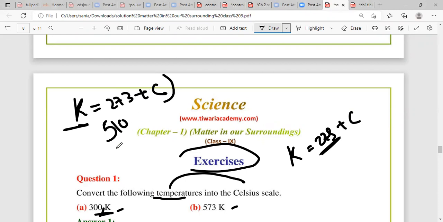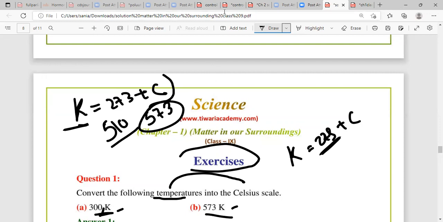Okay, so your answer is 573. Adil, check it. You wrote over K. You are solving this one, na?